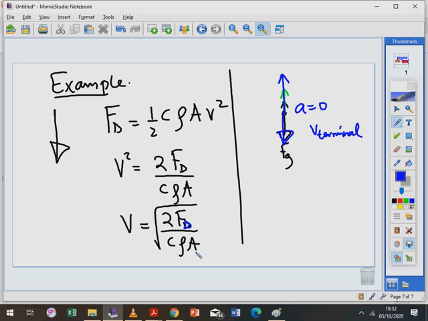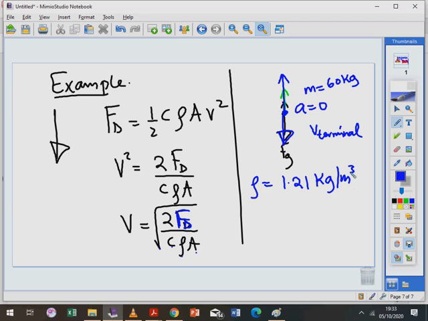If you have the area of Shuad's head, that's if he's falling head first, and you have the density of the air, you can find the coefficient of drag of the air, and we know the drag force. As long as we know Shuad's mass, let's say Shuad has a mass of 60 kgs, we can substitute all of that into this formula. The density of air, I think, is about 1.21 kilograms per meter cubed.